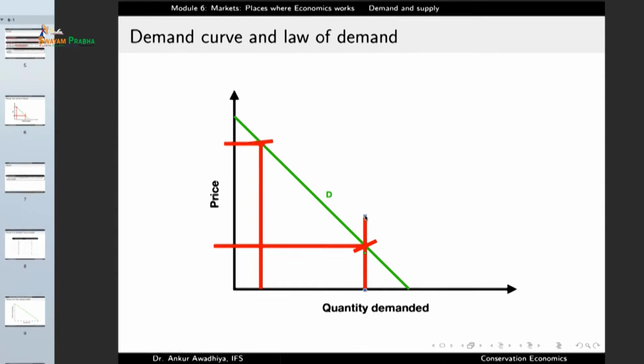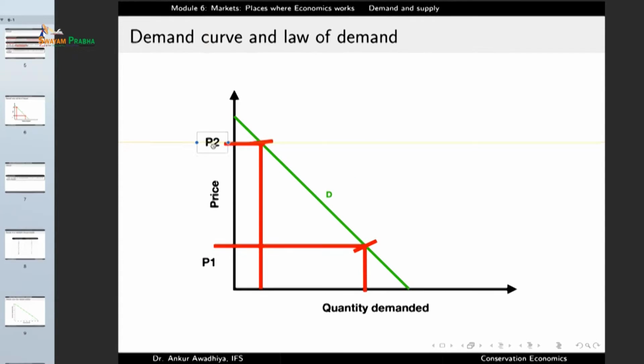So what the law of demand tells us is that as the price increases, so we are talking about these two prices. So this is the price P1, and here you have the price P2.